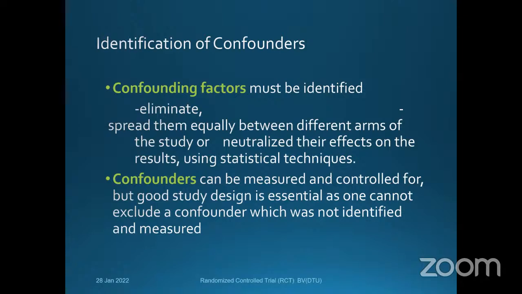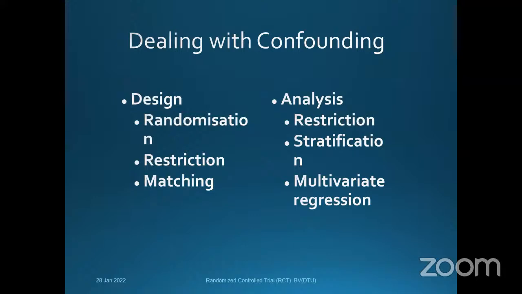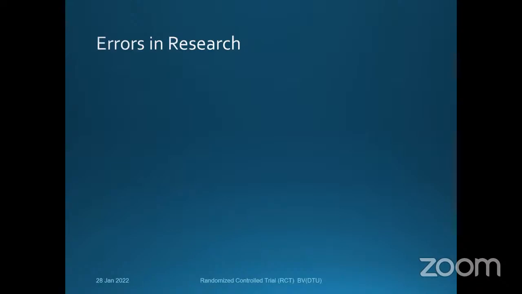Confounders can be measured and controlled for, but good study design is essential, as one cannot exclude a confounder which was not identified and measured. So dealing with confounding: randomization, restriction, matching at the design stage; restriction, stratification, multivariate regression at the analysis stage is useful. That's how you deal with confounders.